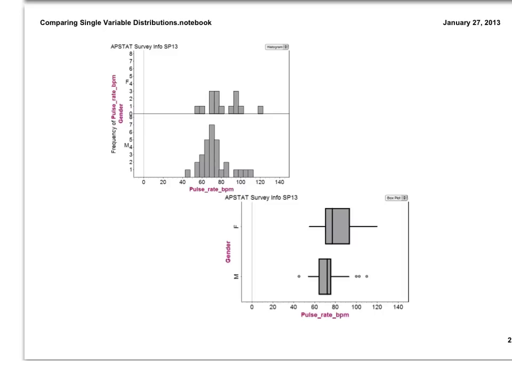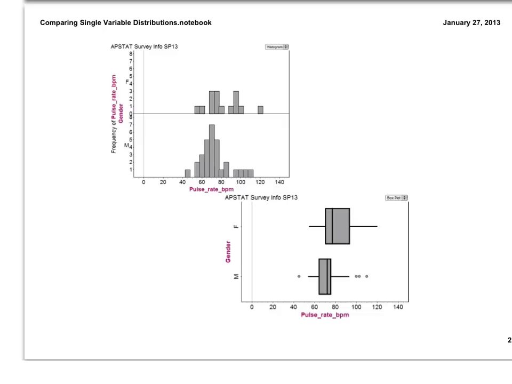I also noticed that the female box is farther to the right than the male box is. The female box also happens to be wider than the male box is. And so hopefully that gives you some indication of what is going on in the female distribution of pulse rates and what's going on in the male distribution of pulse rates.